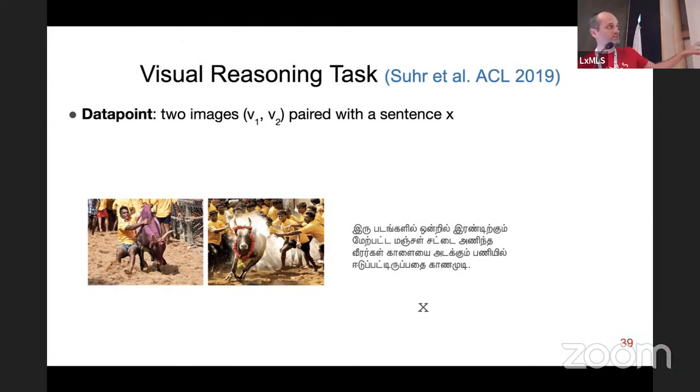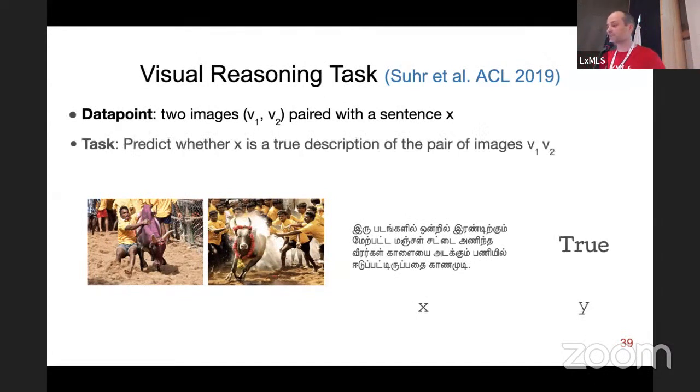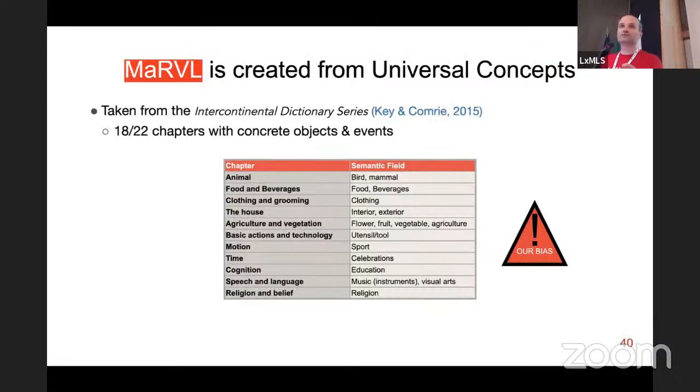The images were crowdsourced, the sentence was crowdsourced, and the task a model has to perform is to predict whether the sentence is a true description of the pair of images or not. And I believe that this image represents some kind of religious festival. It's not just a case of people fighting with an animal. And so Marvel is created from universal concepts. We took this from the Intercontinental Dictionary series, and we focus on the chapters that have concrete objects or events.